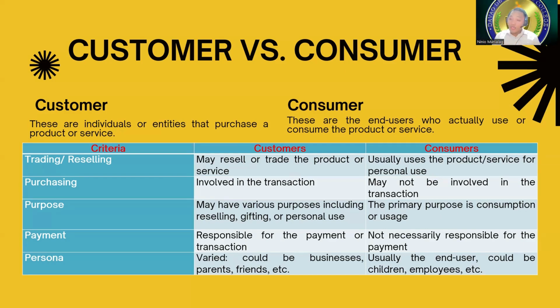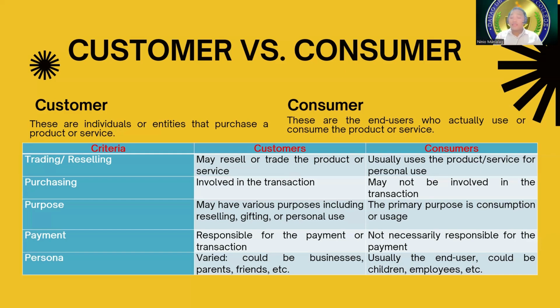Again, a customer might be the consumer, okay? But it is not always the case that the consumer becomes the customer, because if they don't have the buying capacity, then they cannot be the customer. For the example I mentioned earlier, the mother bought food for the baby.